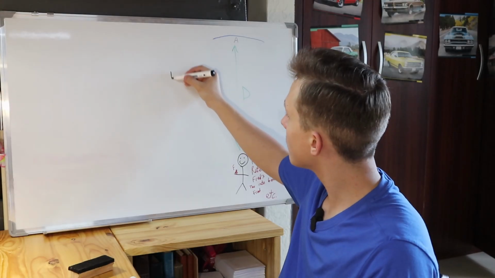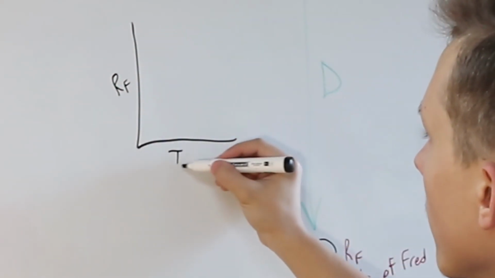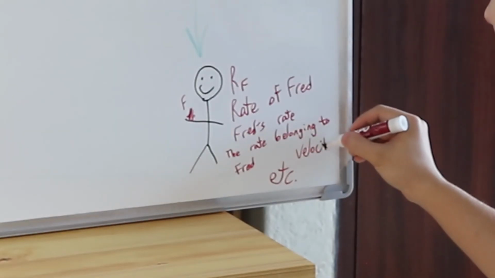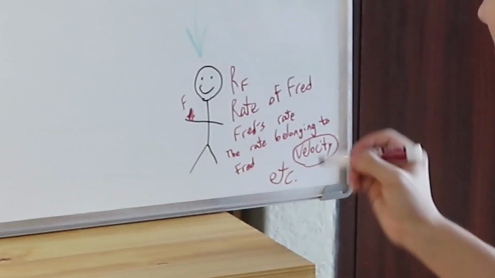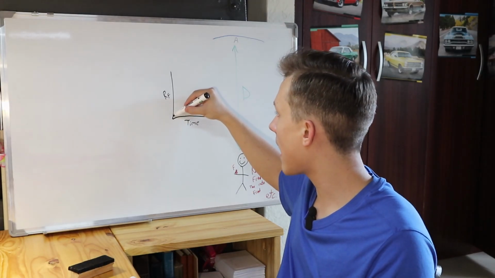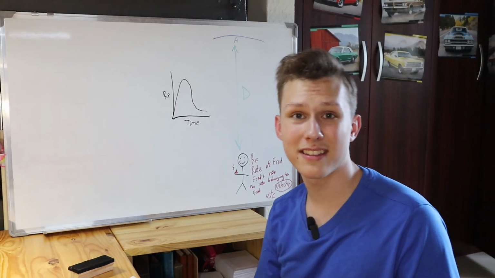Here is a graph of Fred's rate over time, R of F over time. Velocity is another term we can use for R of F. So Fred's velocity over time is represented by this graph. It looks something like this.